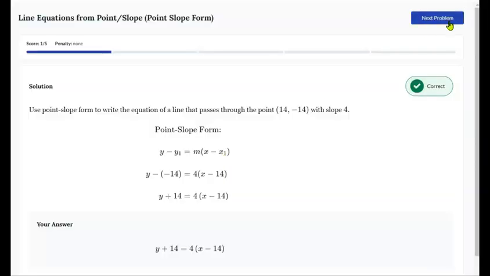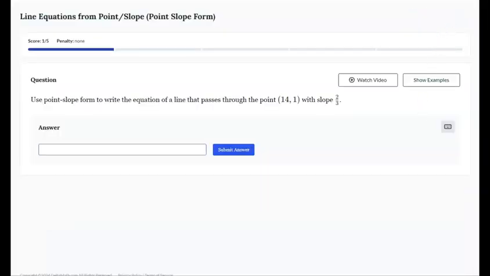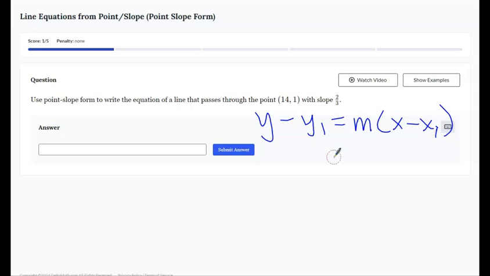That's it. So look up your formula, erase and replace these with the appropriate numbers from the question. So this is a y coordinate. It goes here. This is a slope. It goes here.